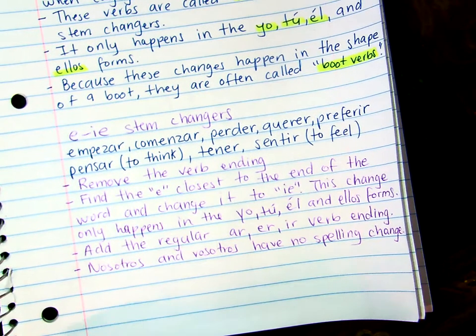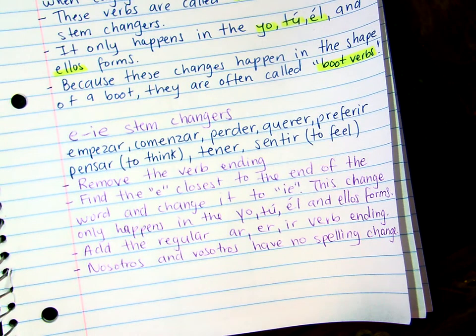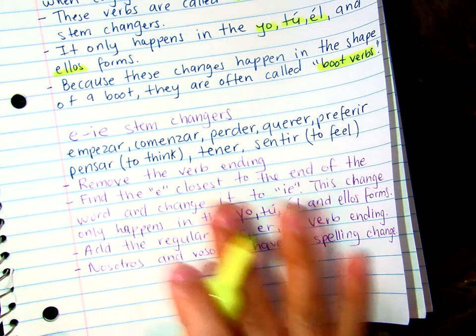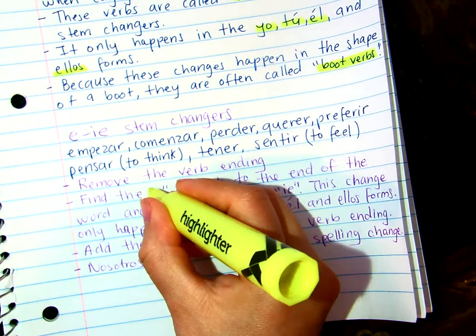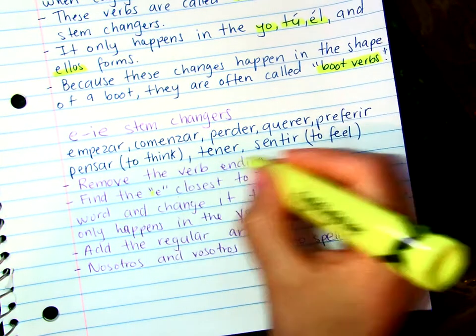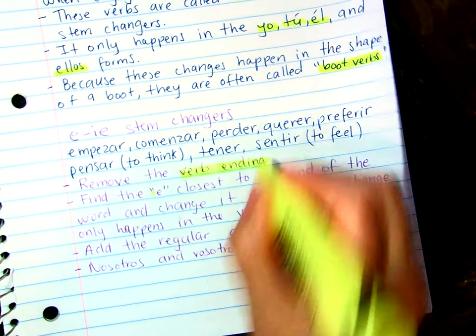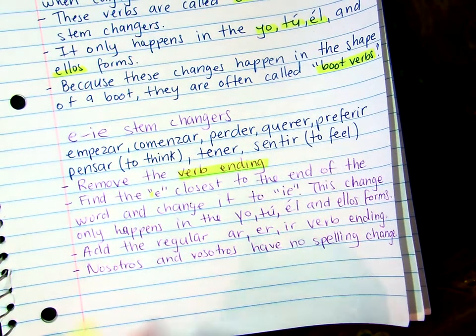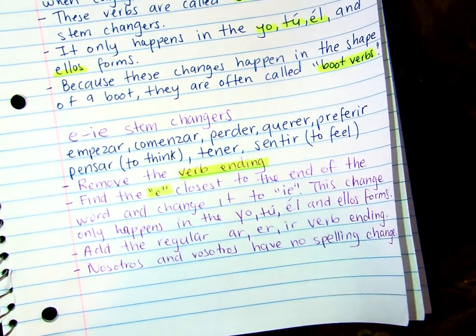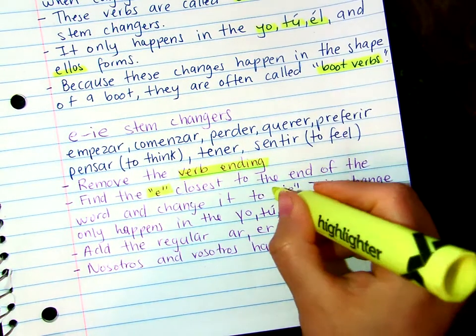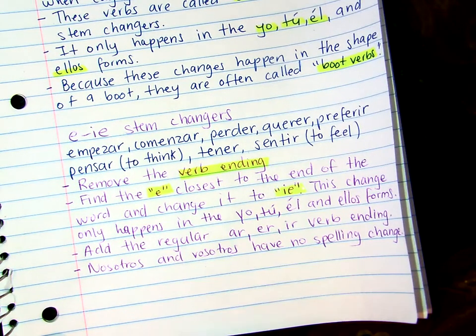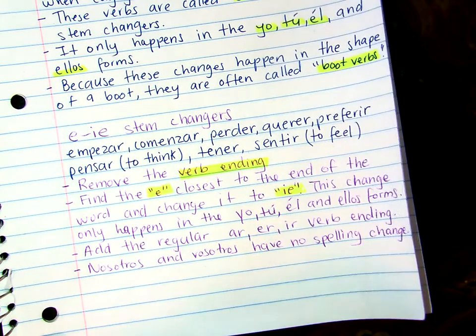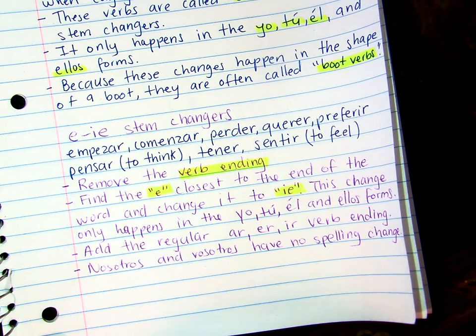Before we go to it, let's review what's important here. You need to remember that you're going to remove the verb ending first. Then you're going to find the E that's closest to the end of the word and change it for an IE.